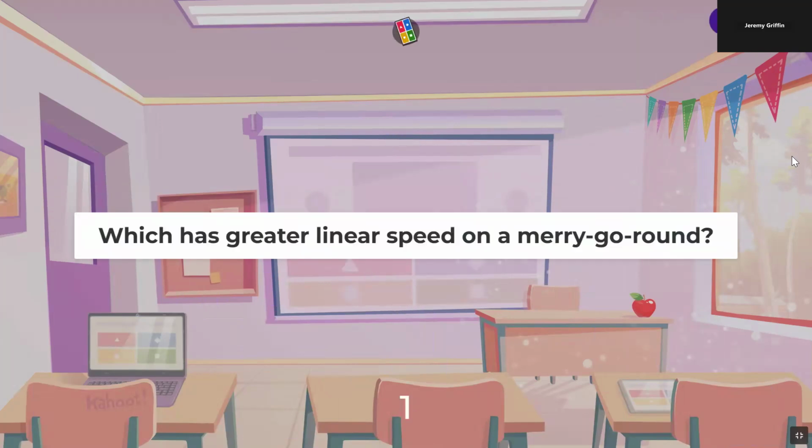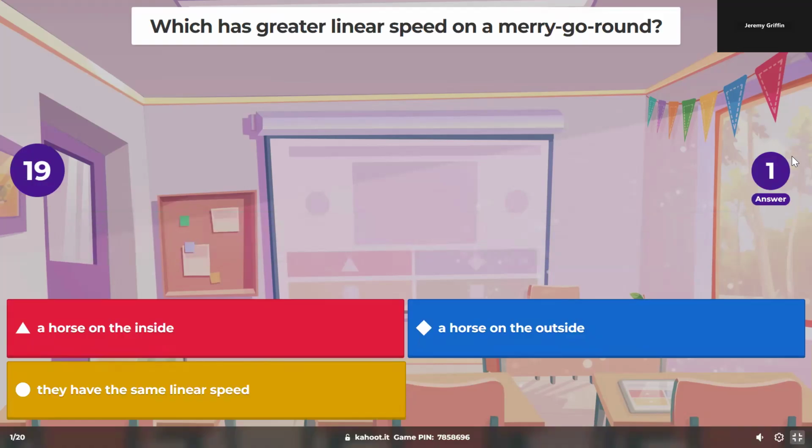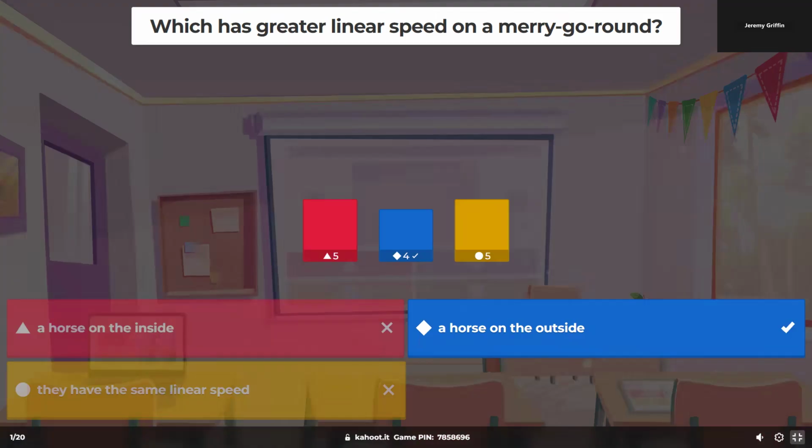Which has greater linear speed on a merry-go-round? Guys, first go to the outside.